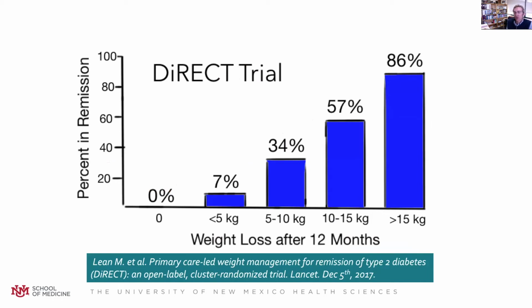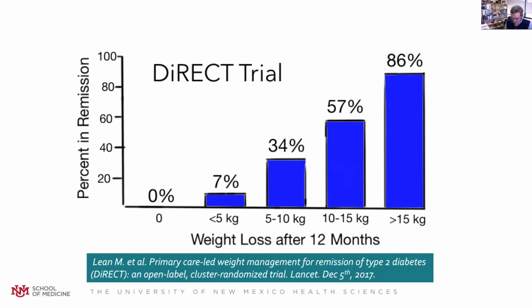And if you look here, those who lost more than 15 kilograms of weight had an 86% cure rate of their diabetes. So this can be fairly inexpensive if someone has really good willpower, but often they need a caring interprofessional team found at the Patient Centered Medical Home within the University of New Mexico Health Sciences.